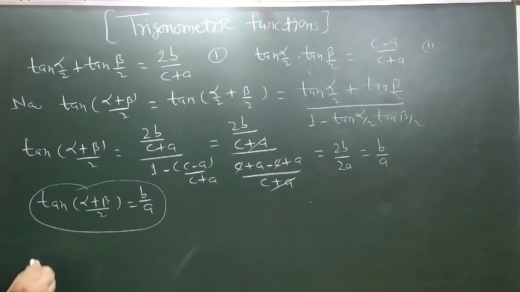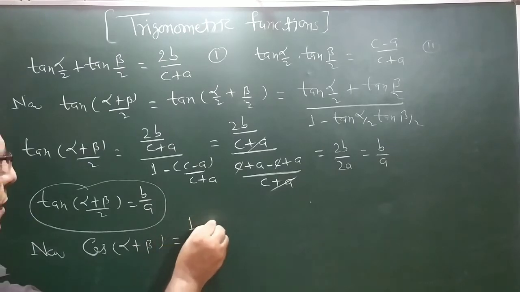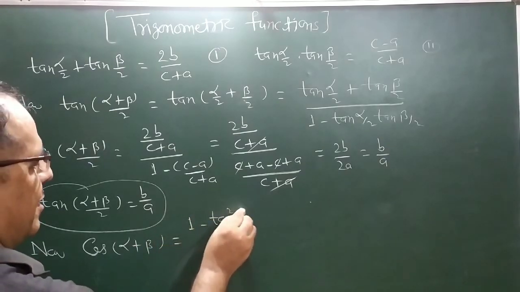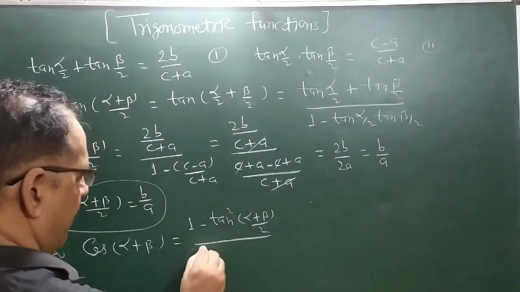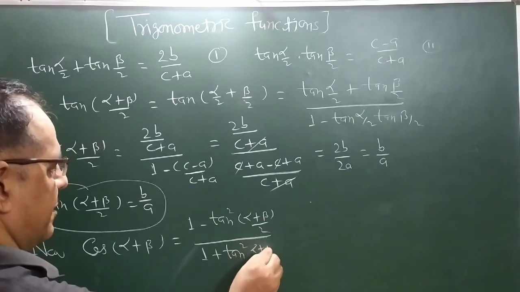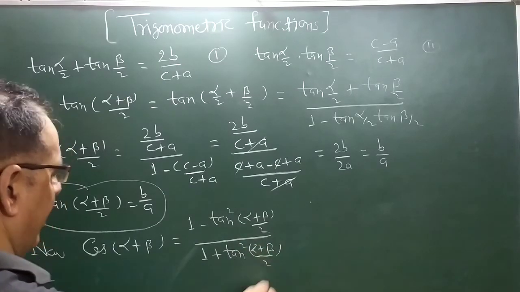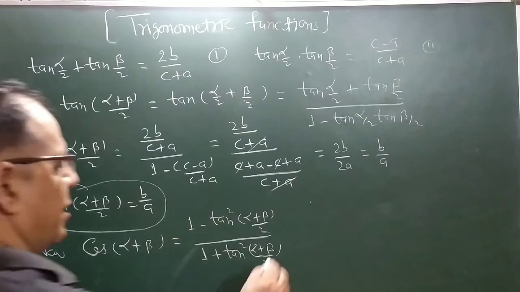So now cos(alpha plus beta) can be written as 1 minus tan square((alpha plus beta)/2) upon 1 plus tan square((alpha plus beta)/2). Again use the identity of cos A, 1 minus tan square(A/2) upon 1 plus tan square(A/2).